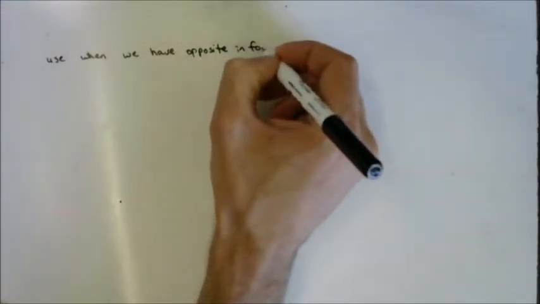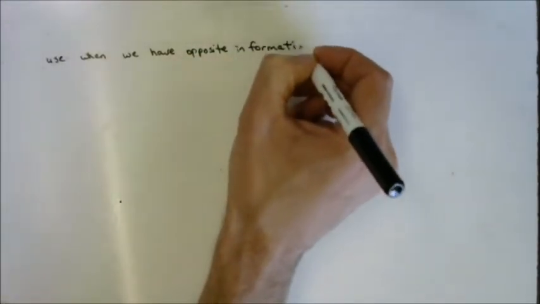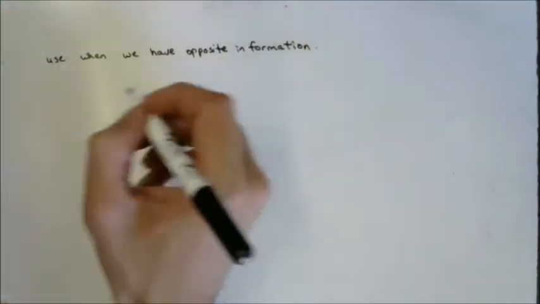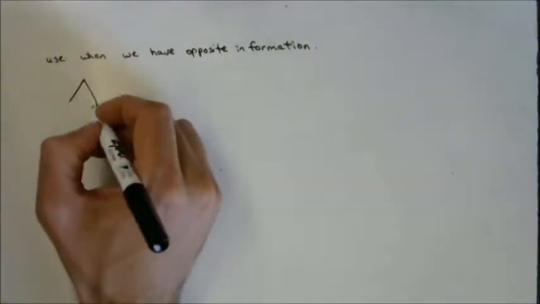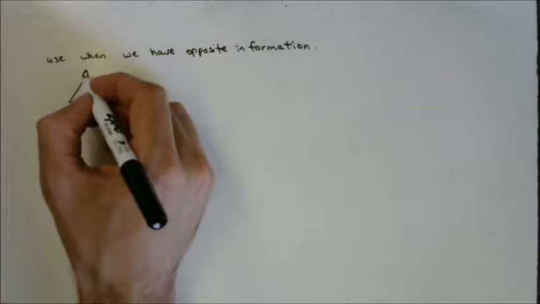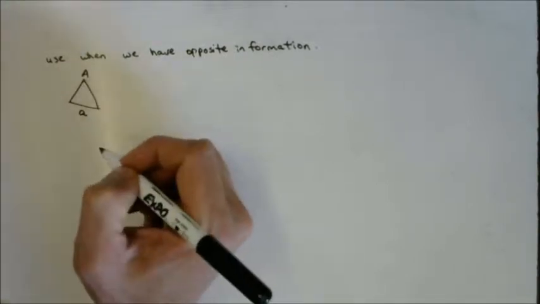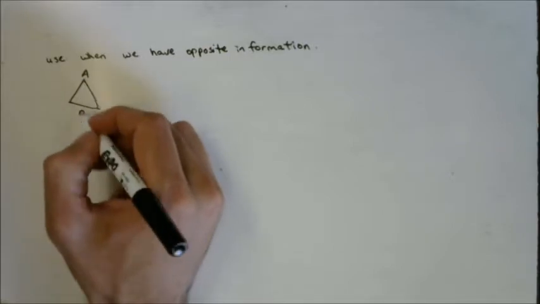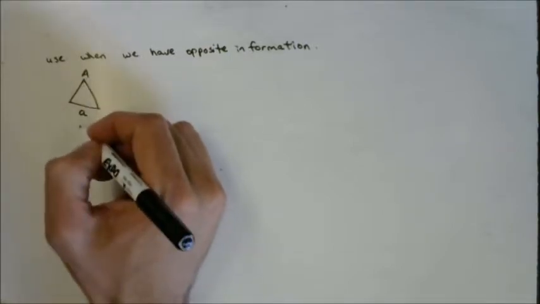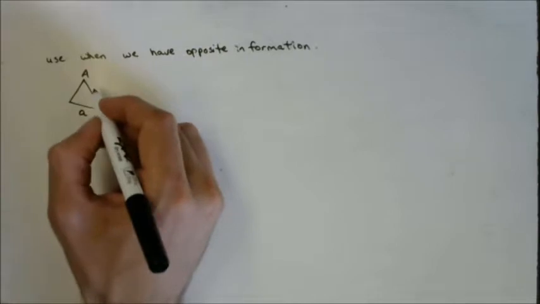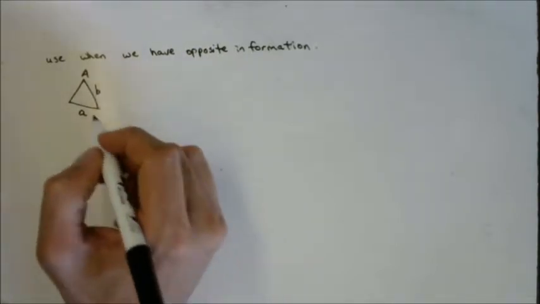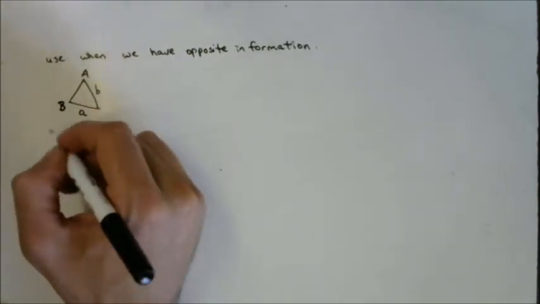That's not any kind of technical math term. It just means you can use it when you have an angle and a side that are opposite each other. If you have a finished ratio of the side and the angle, and one other piece, whatever that piece may be, then you can use it to find the rest of the triangle.